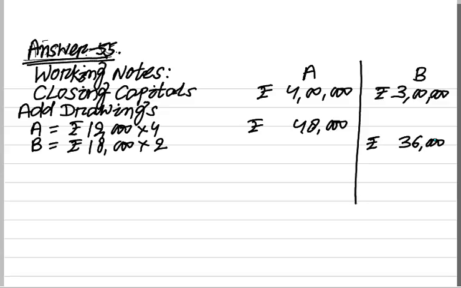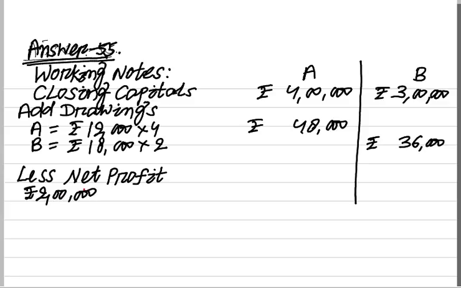Then less net profit. It is rupees 2 lakh, and the ratio is given to be 3:2.